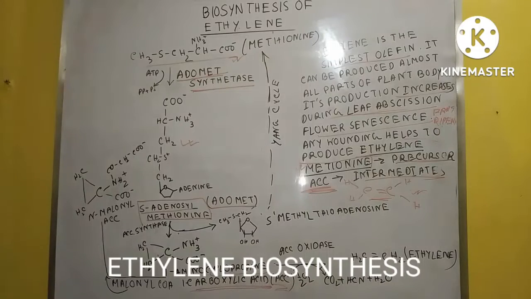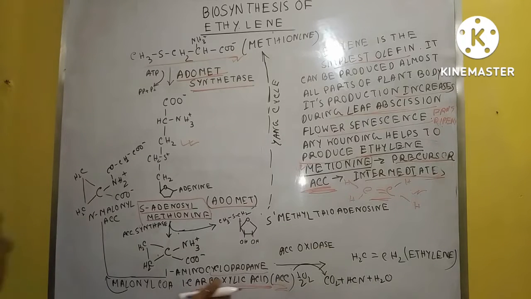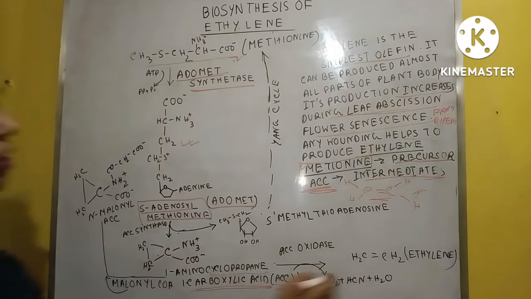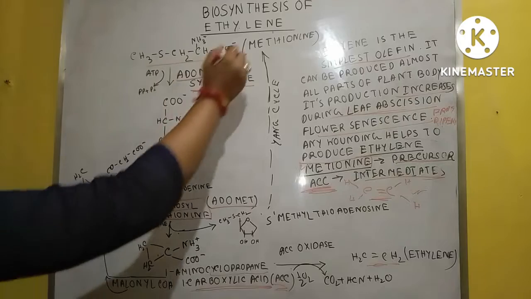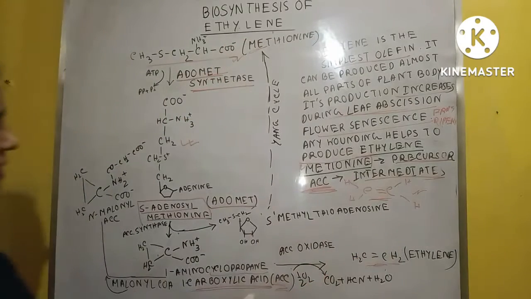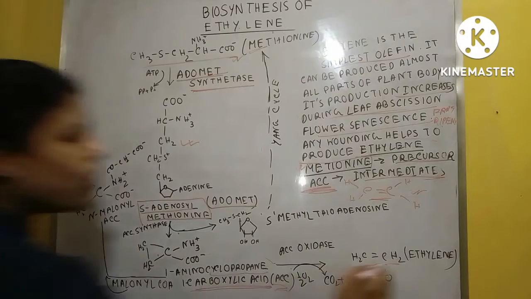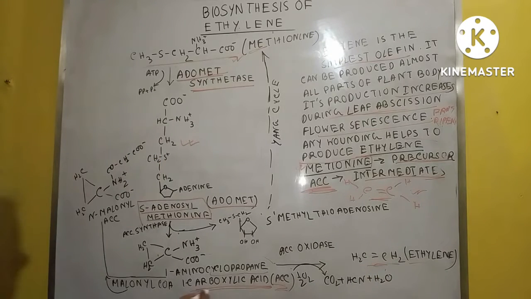Okay. And why is it called the intermediate? Because during the formation of ethylene, this is produced as an intermediate. From methionine to ethylene, this is the actual intermediate, produced before the production of ethylene. So what happened?